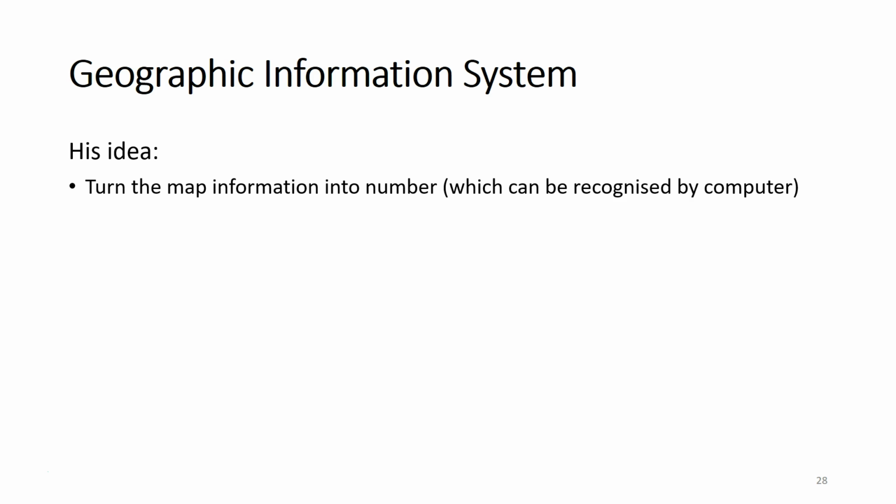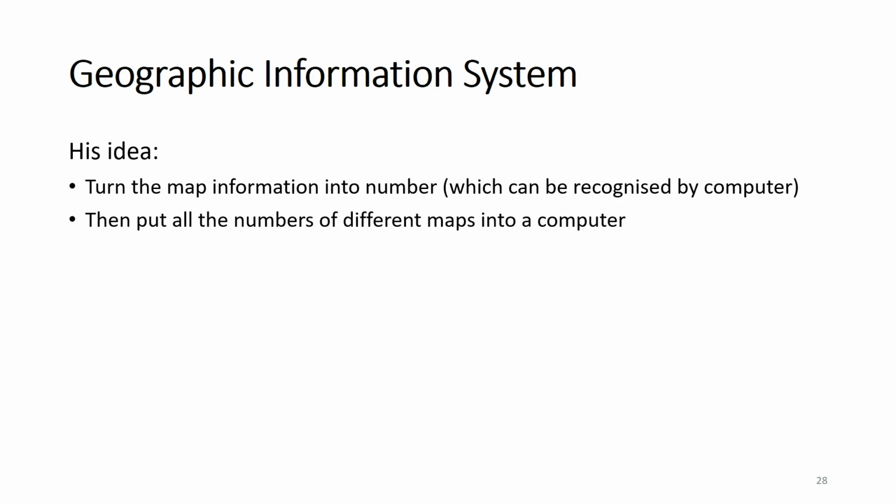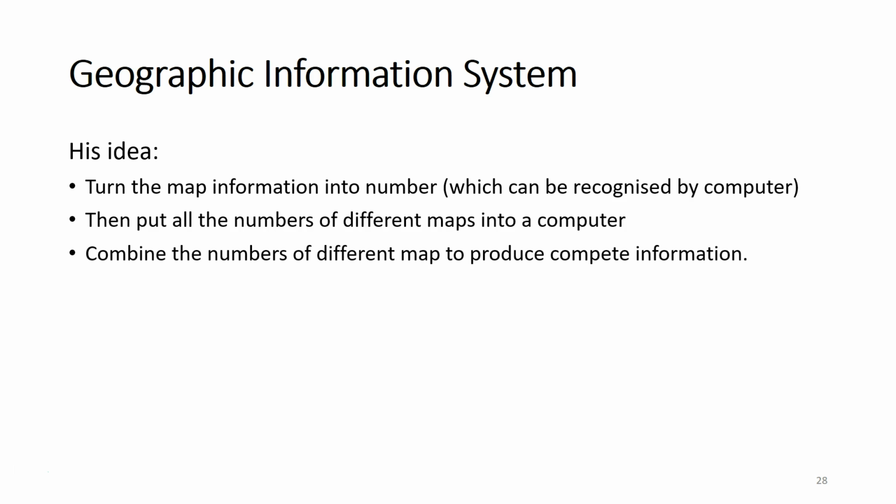What they could do was digitize the hard copy map information into numbers, and then the computer reads the numbers and lets them know the result. So it's to put the numbers of different maps into a computer and compile them to produce complete information.